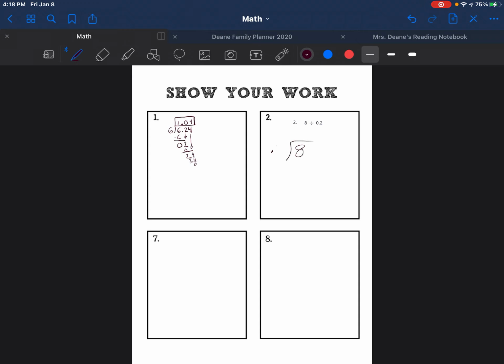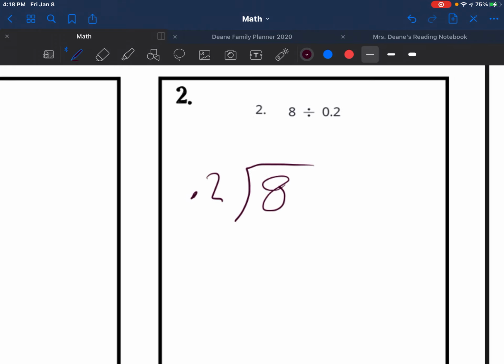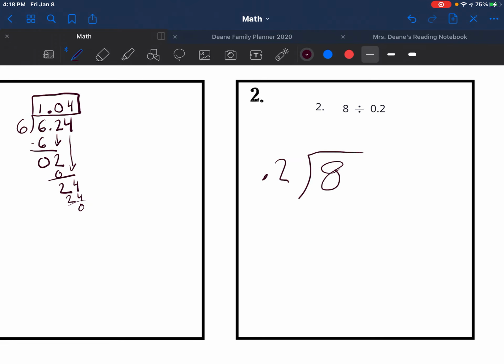So I have 8 divided by 0.2. Now, in this case, I have a decimal on the outside in the divisor, so I can't leave it like that. I've got to move it one place over. That means this one, where I know it's not there, but it's really there at the end of a whole number, I've got to move it over 1 and fill that gap with a 0. Put my decimal straight up into my quotient. Now, my new problem looks like this.